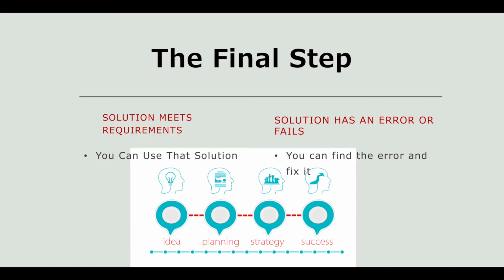After that, this is the final step. Either your solution meets the requirements, you can use that solution, it does whatever you need it to, or the solution has an error or fails. Don't give up. You can find the error and try your best to fix it.